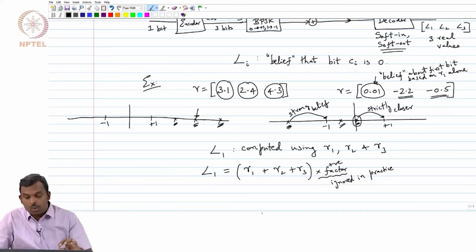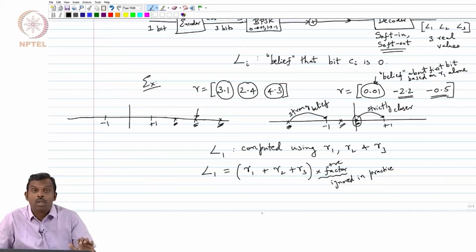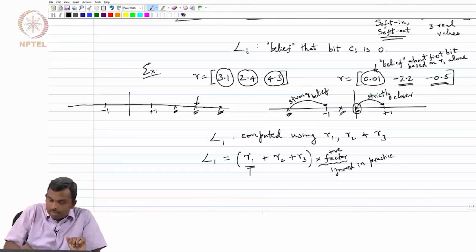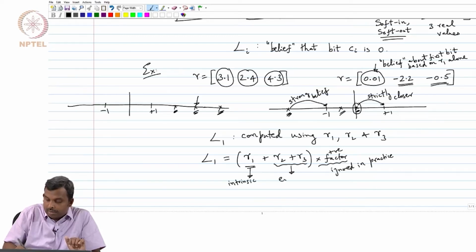Okay. So, this is the answer, and this is the actual computation that you have to do to find out the total belief about the first bit based on R1 and R2 and R3. All three of them are being used. So, if you look at it, it has two components. One is what is called intrinsic, these two is what are called extrinsic.